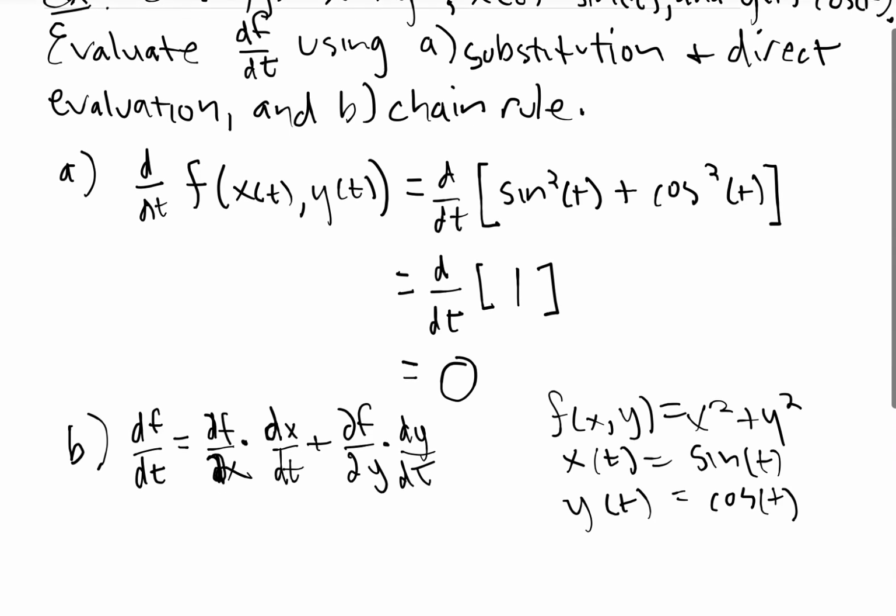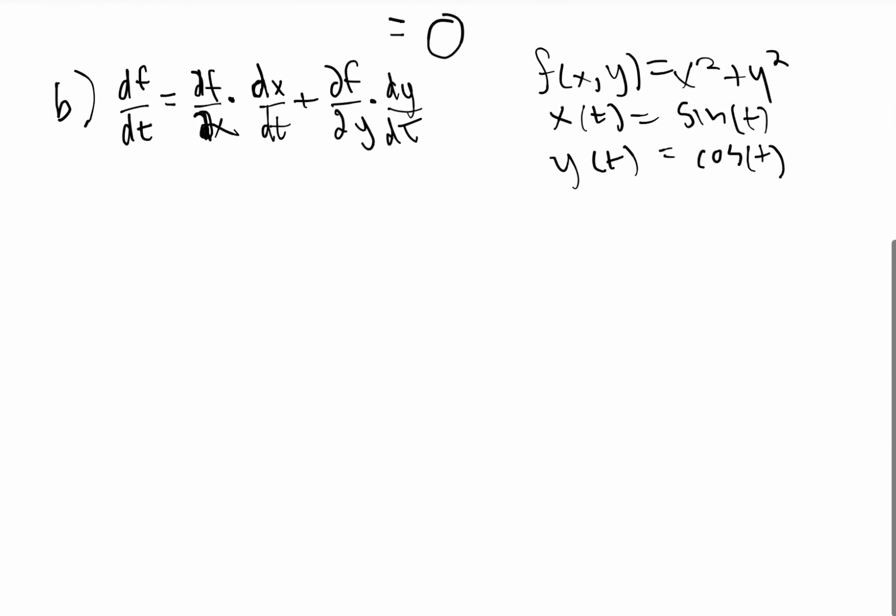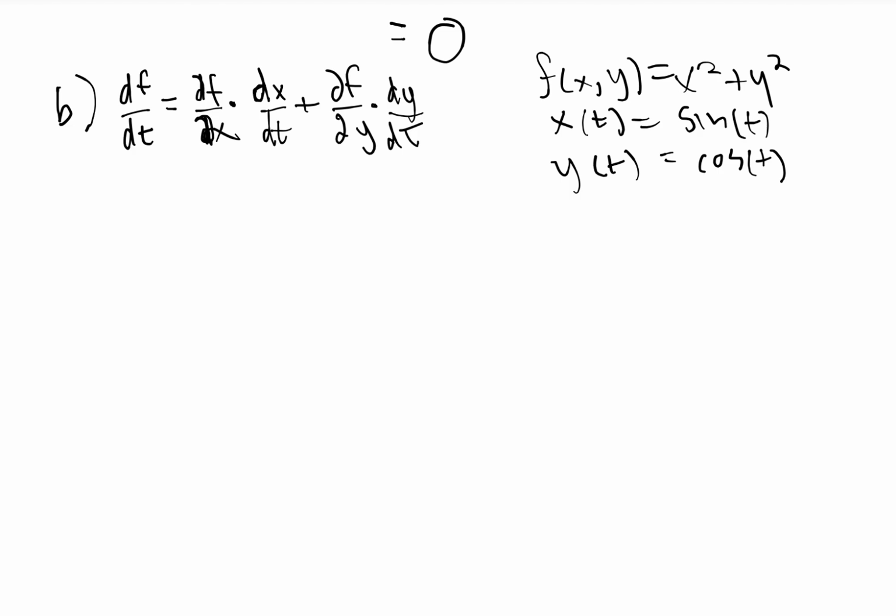Okay, now let me go ahead and scroll so I can give myself some room. Here, if I'm computing these partials, you notice partial f partial x in this case comes out to 2x. dx/dt comes out to cosine of t. Partial f partial y comes out to 2y. And dy/dt comes out to minus sine of t.